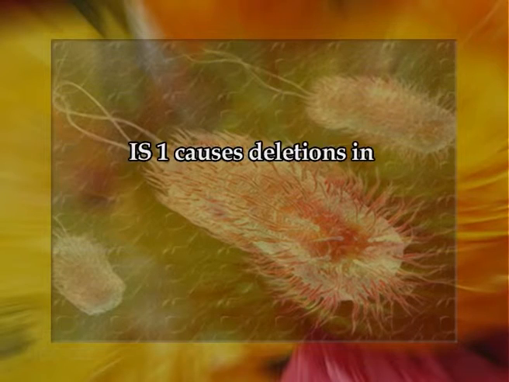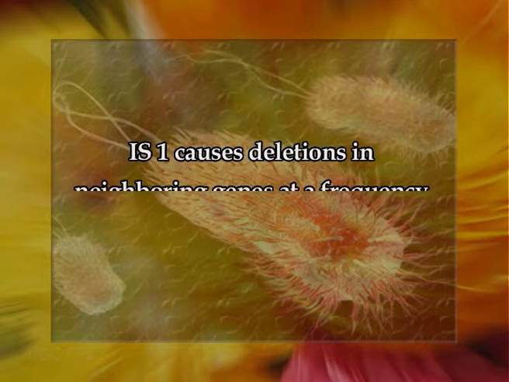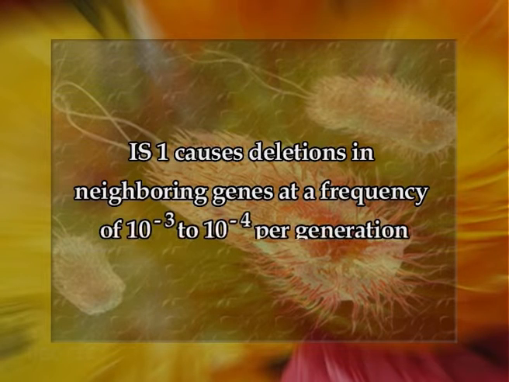Different insertion sequences are known to cause deletion in neighboring genes and occasionally delete themselves at reasonable frequencies. For example, IS1 causes deletion in neighboring genes at a frequency of 10^-3 to 10^-4 per generation, and the insertion itself remains intact.